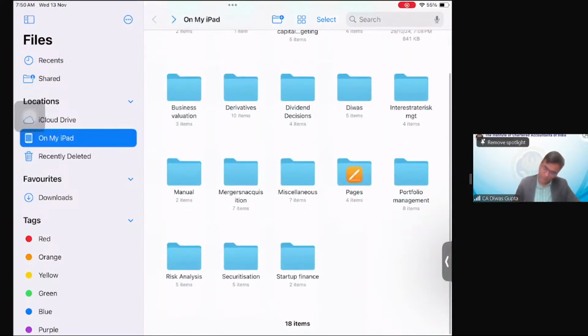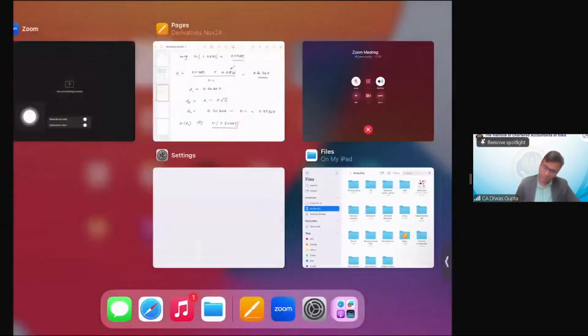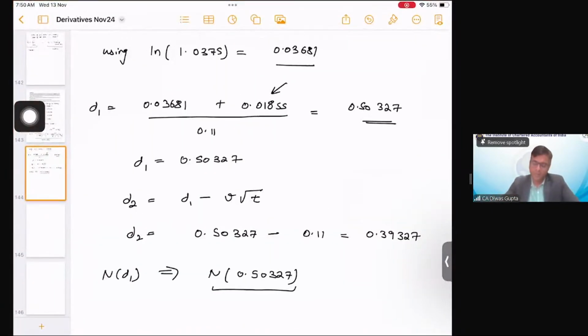Let me just take it out, the standard normal distribution table.